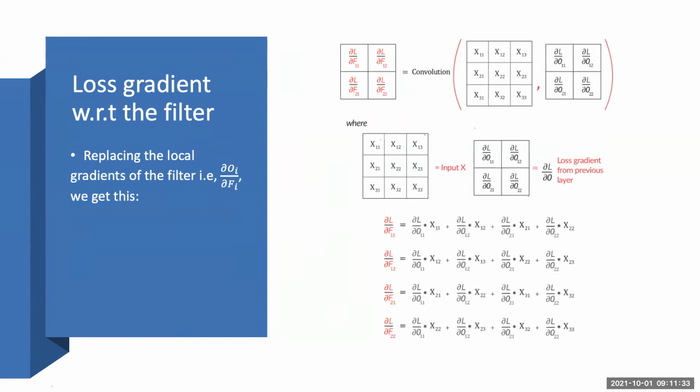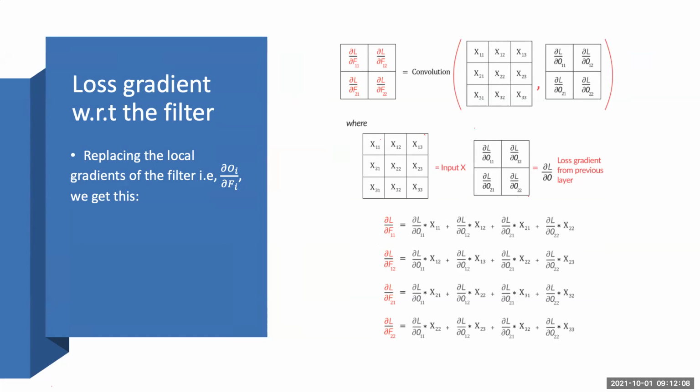If you take a look at this, it's similar to a convolution operation that we saw from the previous slides, but in this particular case, it feels like we're trying to find the loss gradient with respect to the filter. It feels like we'll be making a convolution operation between the input and the actual loss gradient.